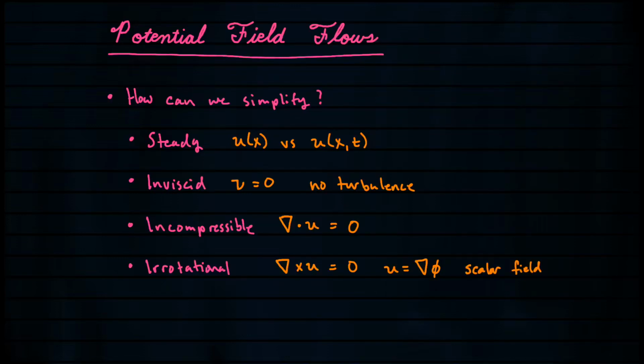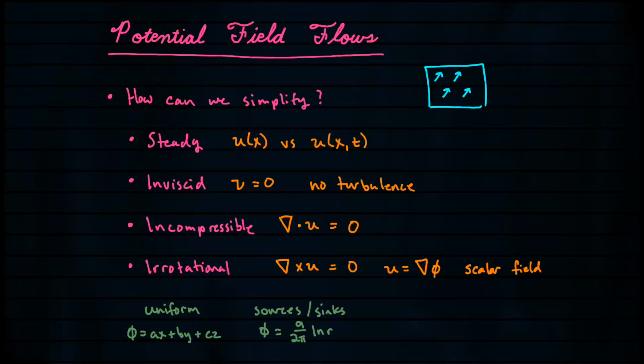And there are three things that we can do if we make this assumption. One is we can look at a uniform flow. So we might say that our scalar field is a linear equation, ax plus by plus cz. One way of thinking about this is our fluid is just flowing in one direction. The second thing we could do is add sources or sinks.